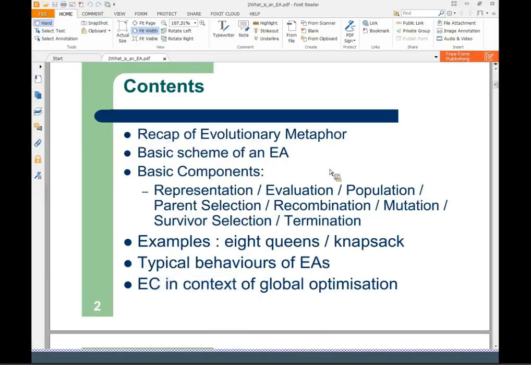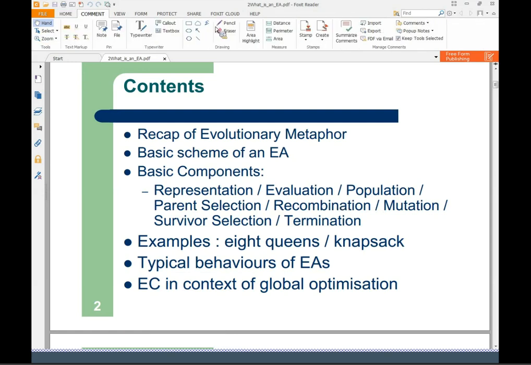First of all, I refer to the most important part of the PDF. This is the most important page of the EA course.